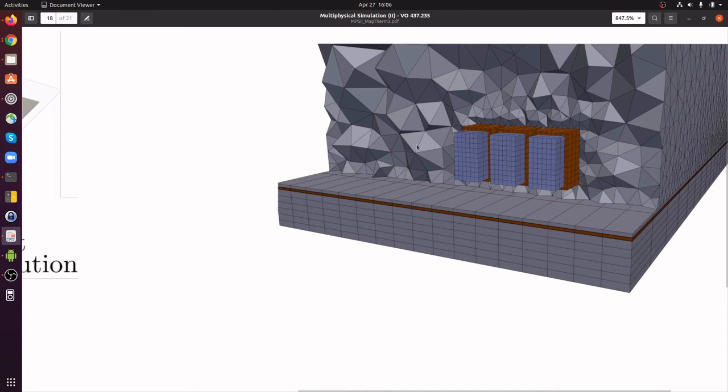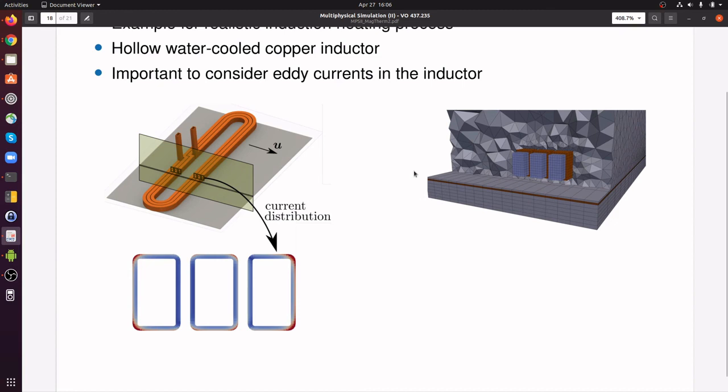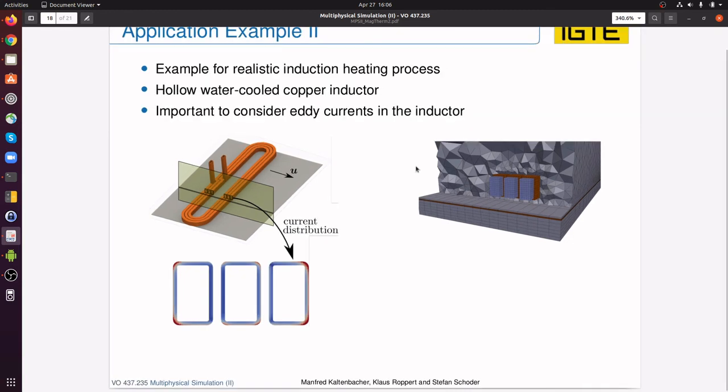We've also performed some convergence studies, especially dealing with these kinds of non-conforming interfaces for electromagnetic simulations, so for simulations where you use edge elements. But you will hear about this later on.